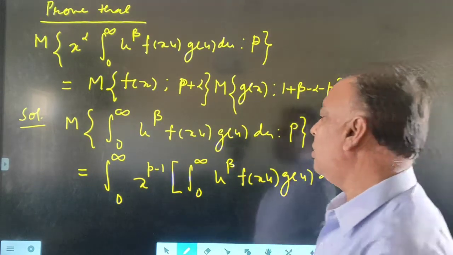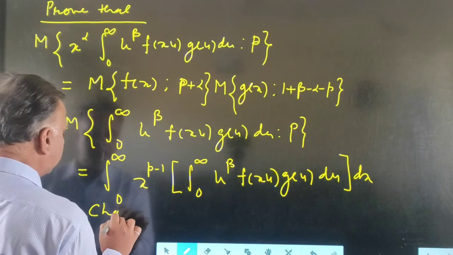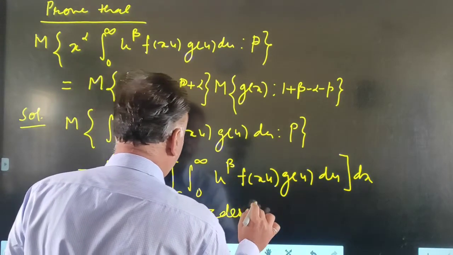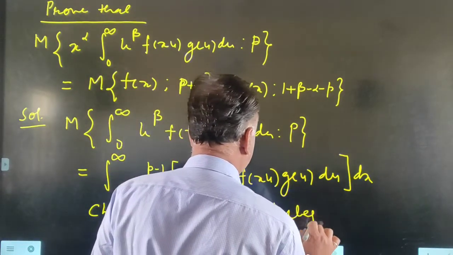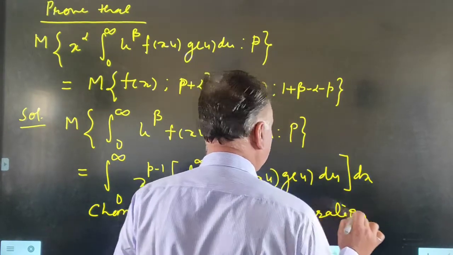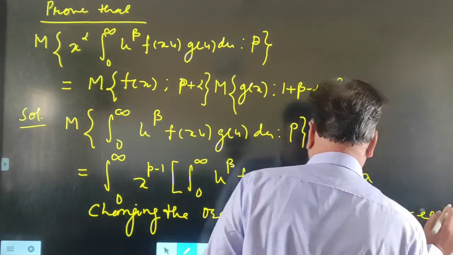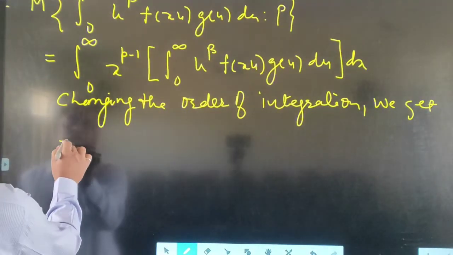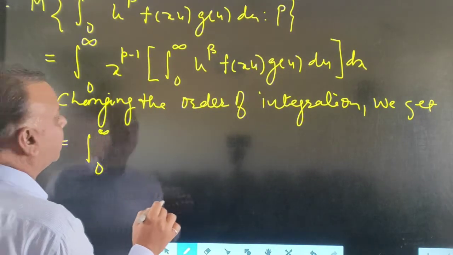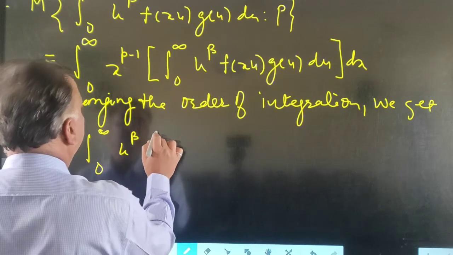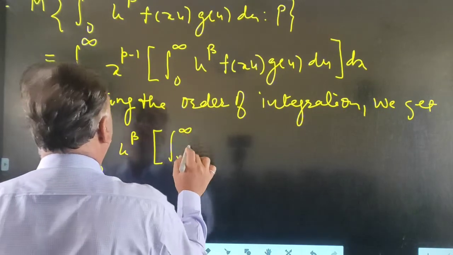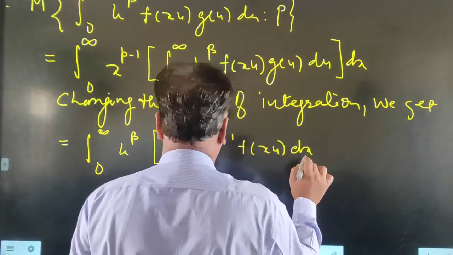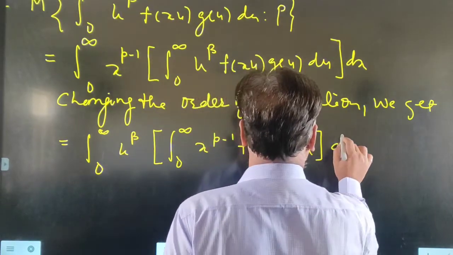x. Now if we change the order of integration, we get it is equal to integral 0 to infinity u raised to beta into integral 0 to infinity x raised to p minus 1 f of xu dx, and then we integrate this with respect to u.